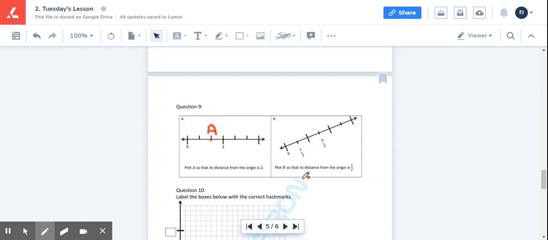Plot R so that its distance from the origin is 5 halves. Have 1 half, 2 halves, 3, 4, and 5. I'm going to plot that R. Awesome.